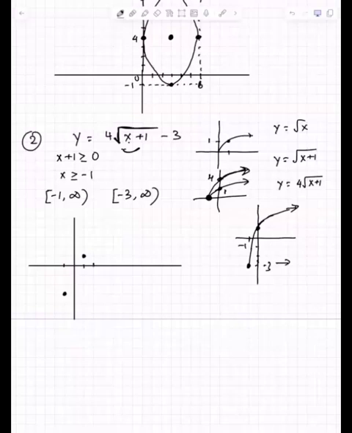When x is 3, that is square root of 4, which is 2. 4 times 2 is 8. 8 minus 3 is 5. So this graph looks a little wonky, right? It's going to look like this.